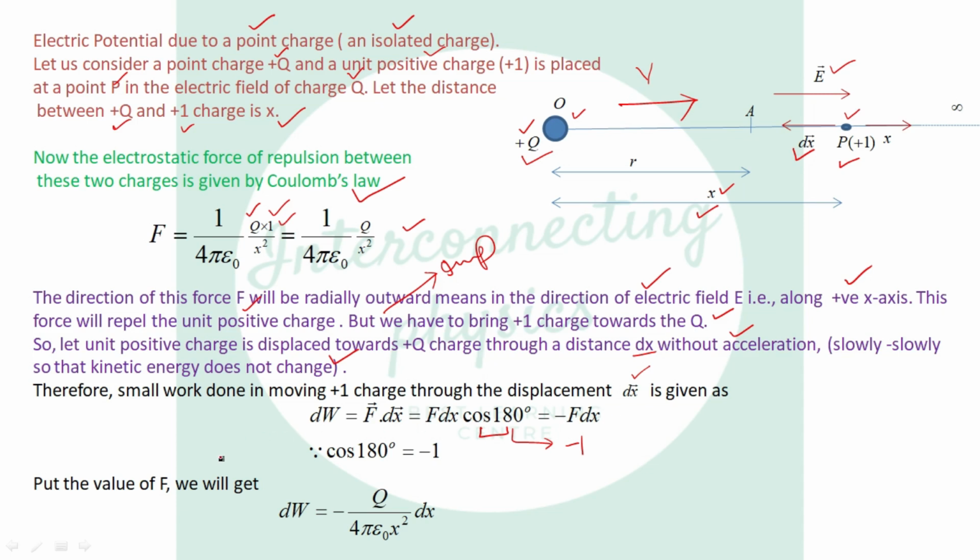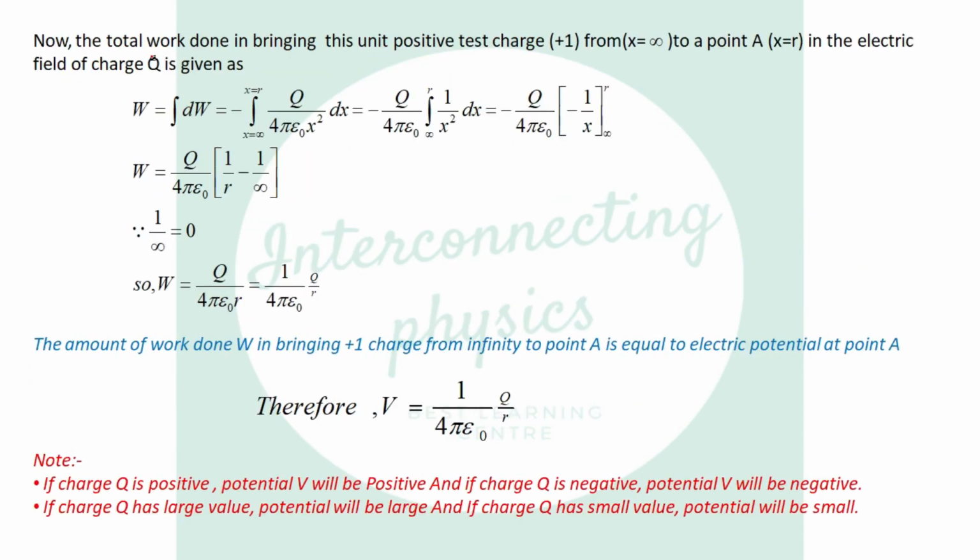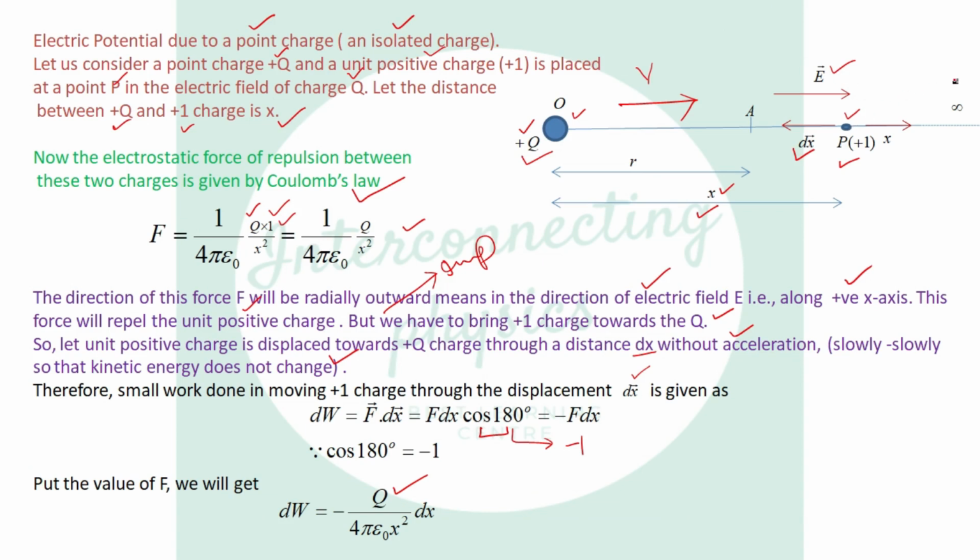Now put the value of F here. What is F? 1 over 4 pi epsilon naught q over x square. Now the total work done in bringing this unit positive charge from infinity to point A. Let us say this point B is at infinity.